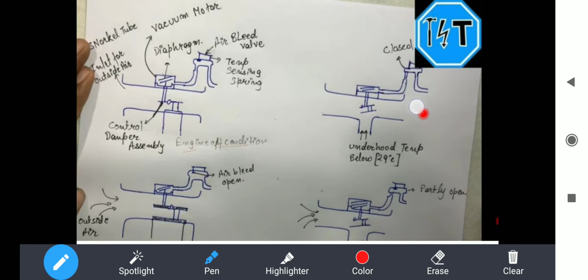Then this air bleed valve opens, the diaphragm opens and allows the hot and cold gases to pass to the carburetor, and with the fuel it enters the engine.